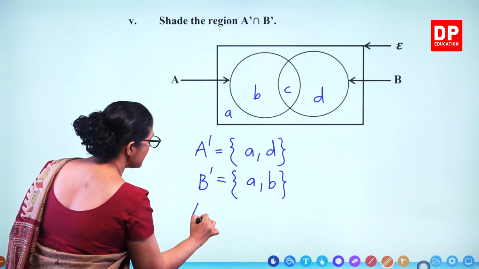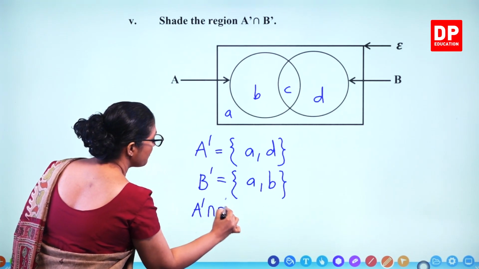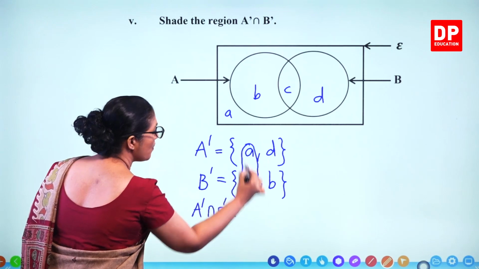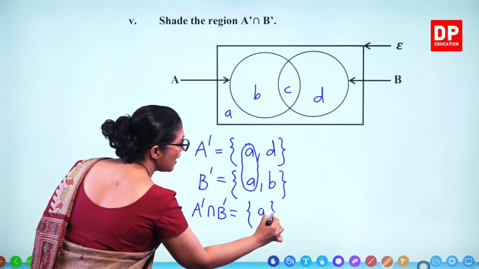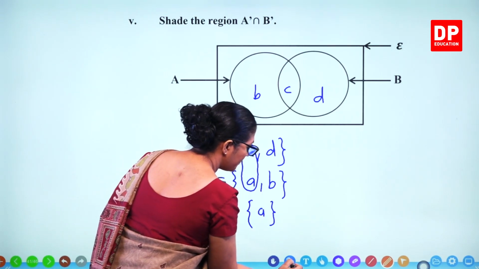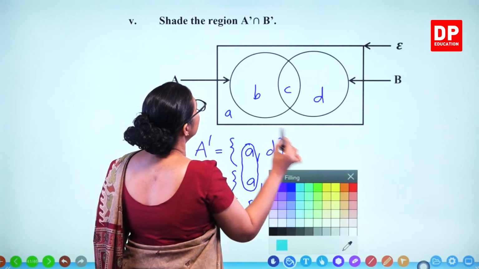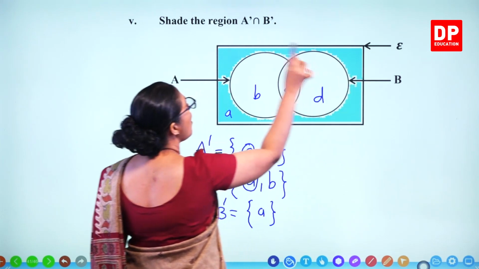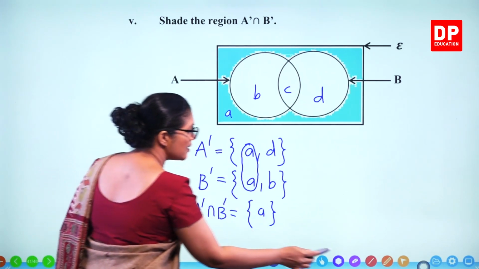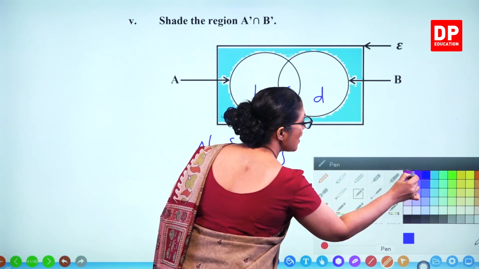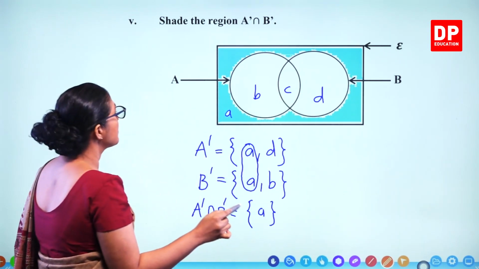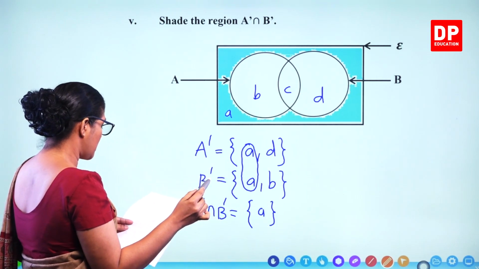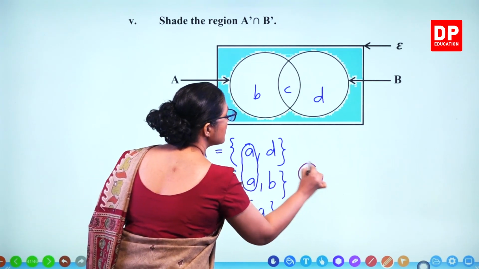So what is the intersecting point of these? That's only A is common. So you have to shade the region A. So that means outside. So outside the 2 circles is the A part. So that's the shaded part. So how many marks? 2 marks for that.